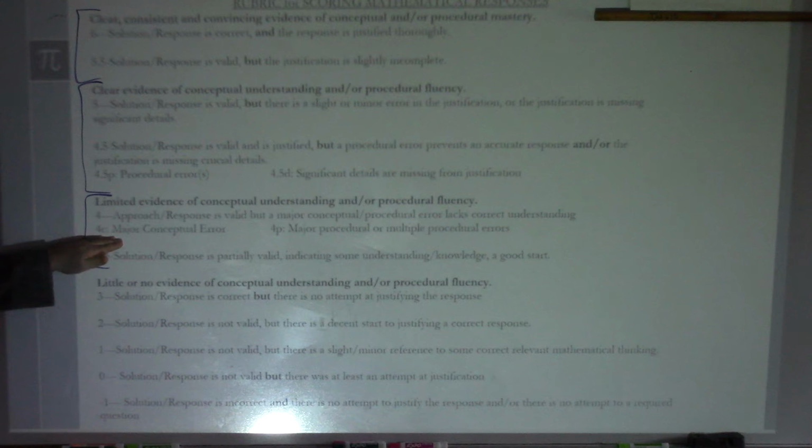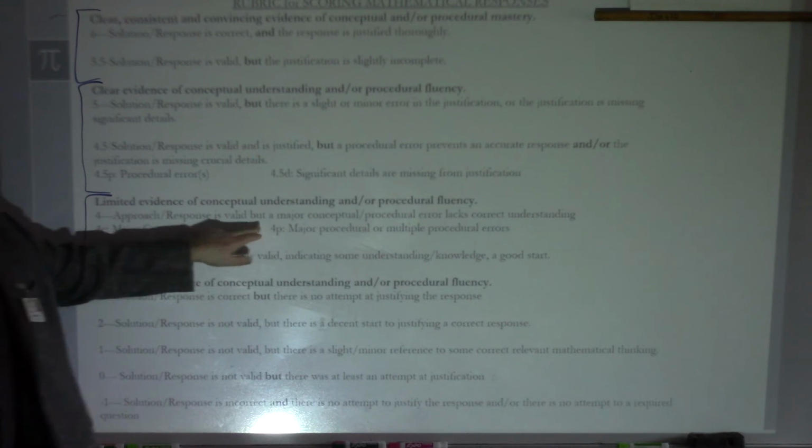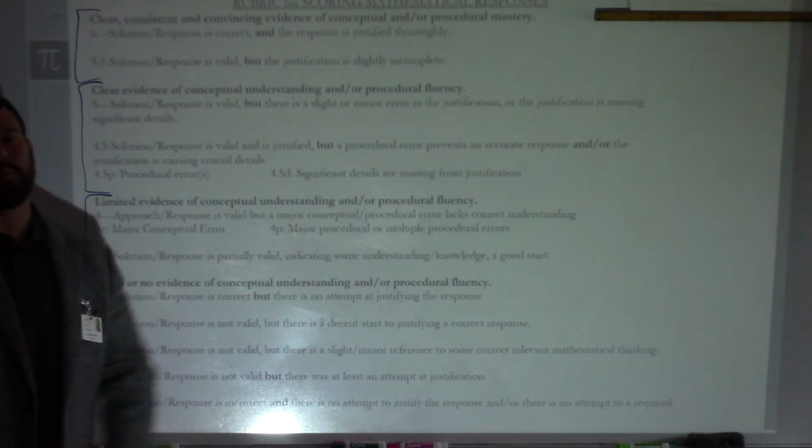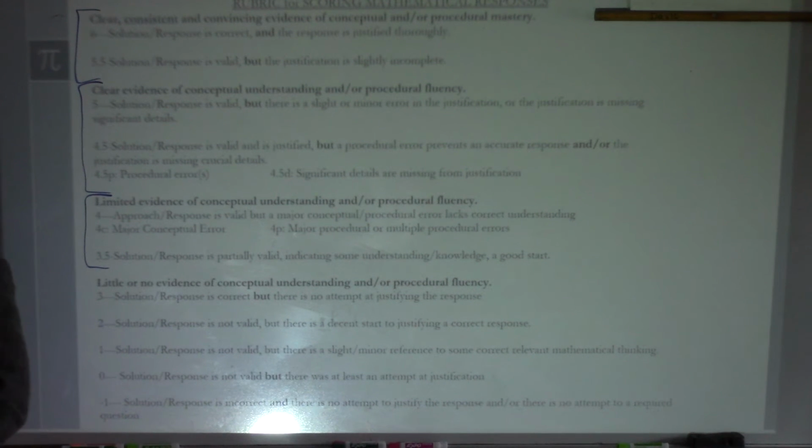I've updated the rubric so that if you see a 4C, that's a 4, but I am telling you that it's a conceptual error. If you see a 4P, yes, it's still a 4, but it was a major procedural error or multiple procedural errors. In mathematics, there's understanding the concept at play, but then there's also the carrying out of that process.